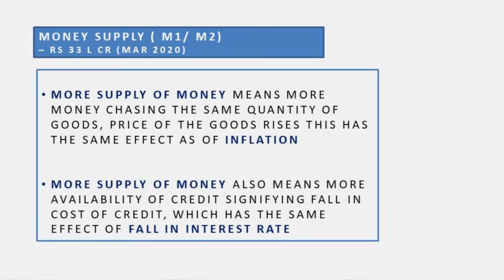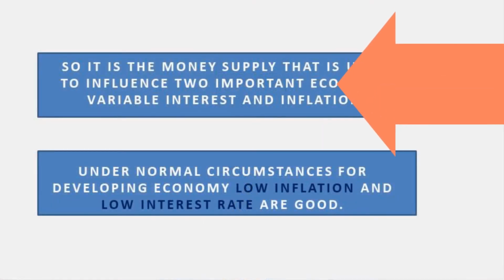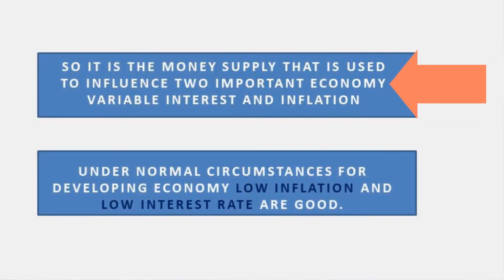In a similar way, more is the supply of money, that means more credit is available, which means the fall in the interest rate. So it has the same effect of falling interest rates. So we can say it is the money supply that influences the inflation and the interest rate in the economy.